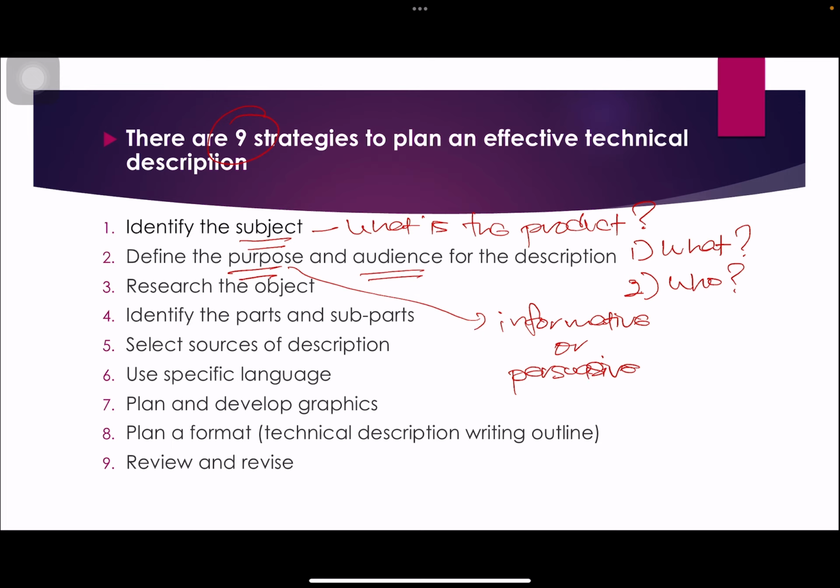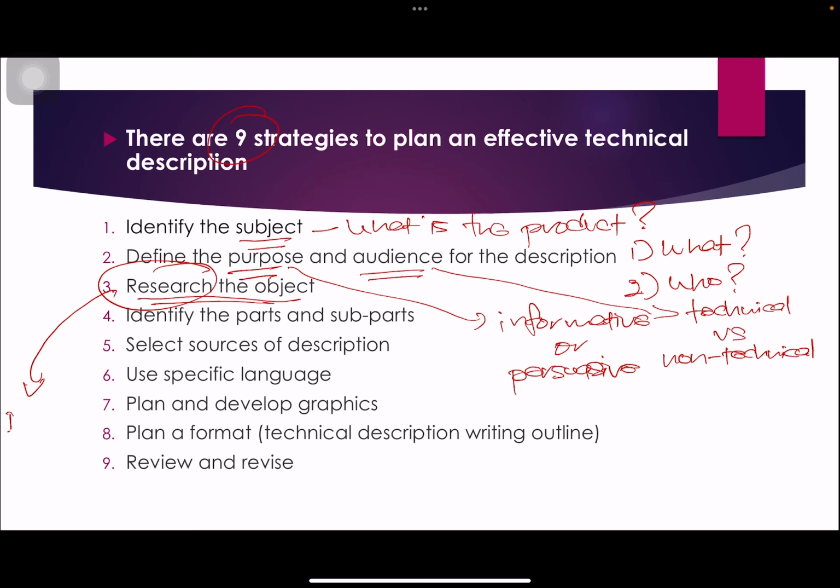Okay, and when it comes to audiences, you are supposed to take into consideration technical versus non-technical audiences. Okay, right, next you need to do the research about the object. Okay, so for research here, you can use sources taken from the internet.